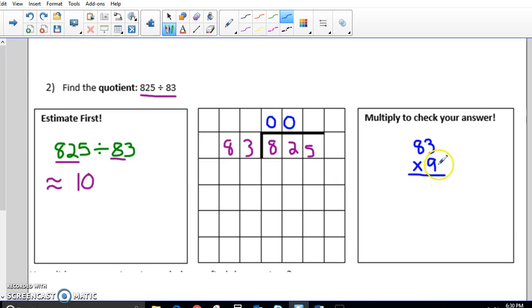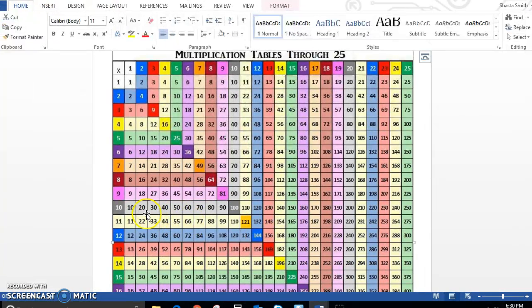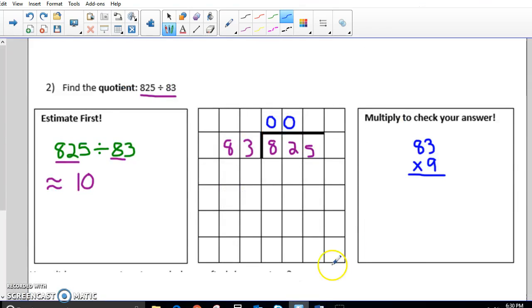I'm going to solve it on the screen. I know that 9 times 3 is 27. So I put the 7 here, I carry the 2.